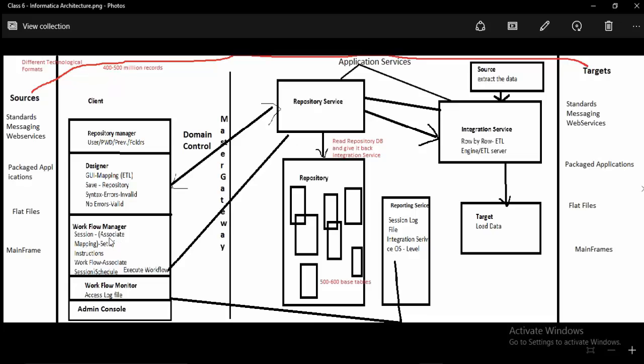By using Workflow Manager, you can create jobs where you will be associating the required mappings, whatever you created. Let's say you created 10 mappings, out of which I'm picking up the second mapping, fourth mapping, and fifth mapping. So these mappings you will be associating here, and then the actual job you are going to run here. So what happens once you run the job?